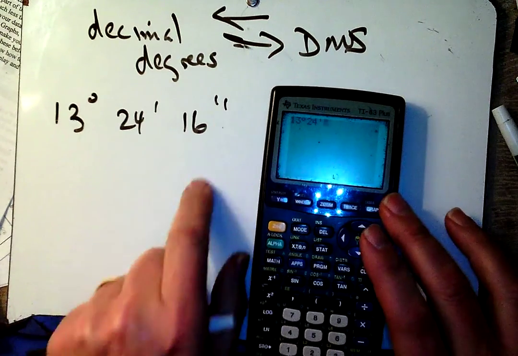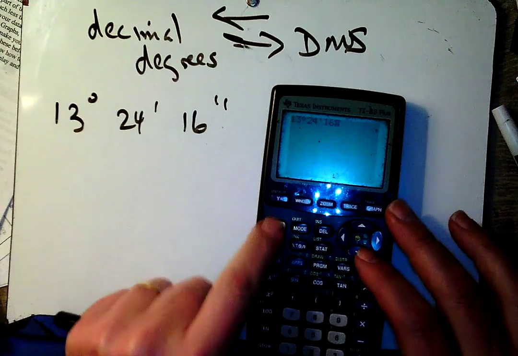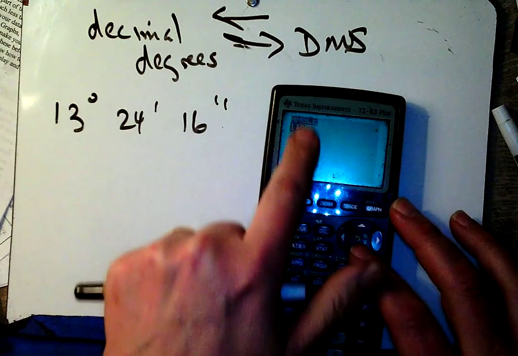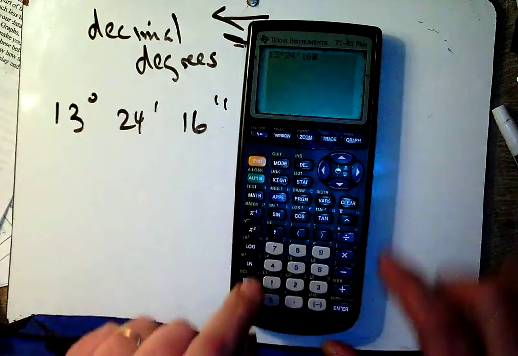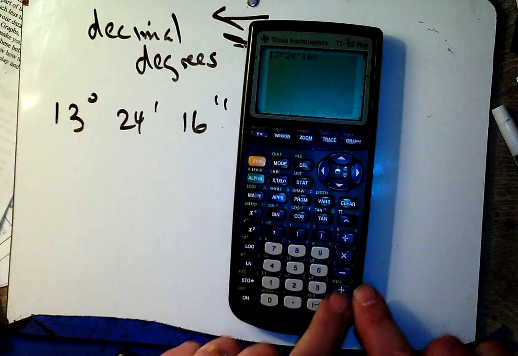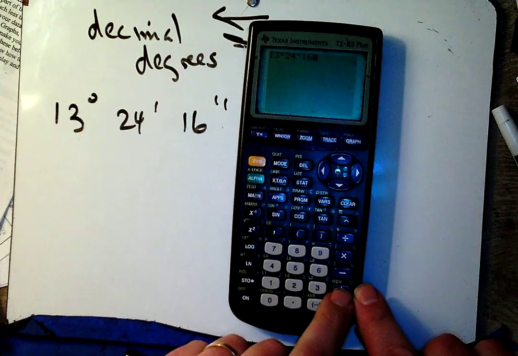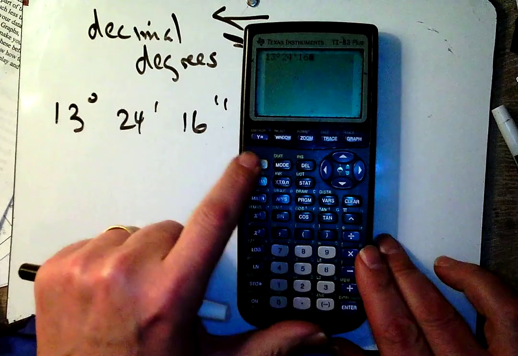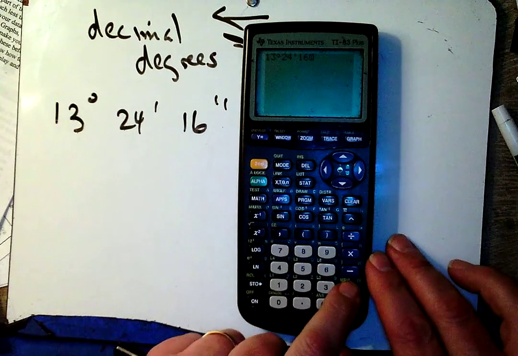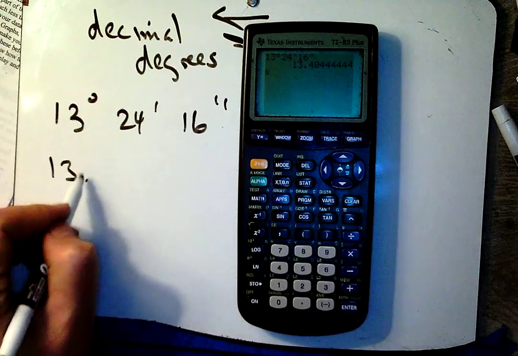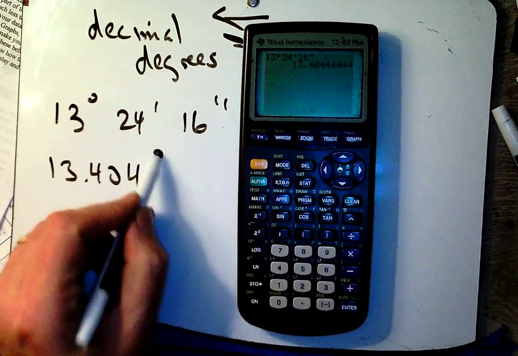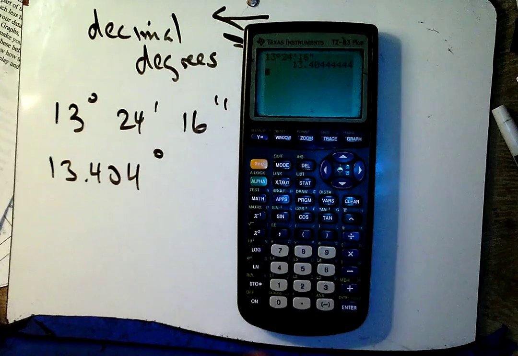And now we need 16 seconds. But if I go back to angle again, there's no seconds there. Where's seconds? Here's seconds, right above the plus sign in green. So I want green plus sign. And when I hit enter, I get 13.404 degrees. There's my decimal degrees.